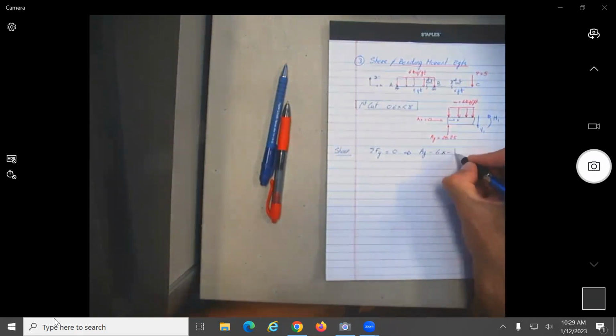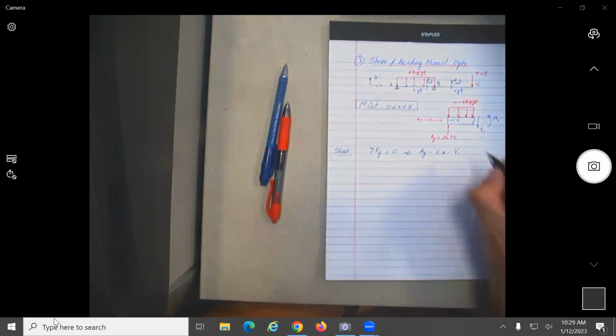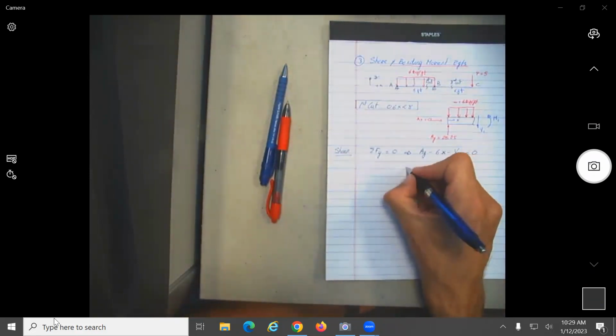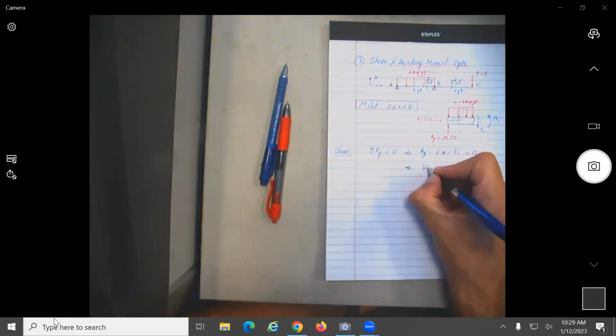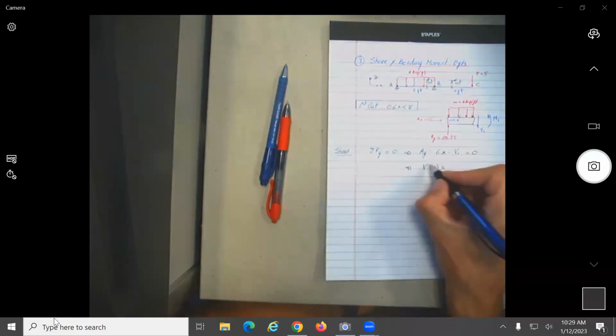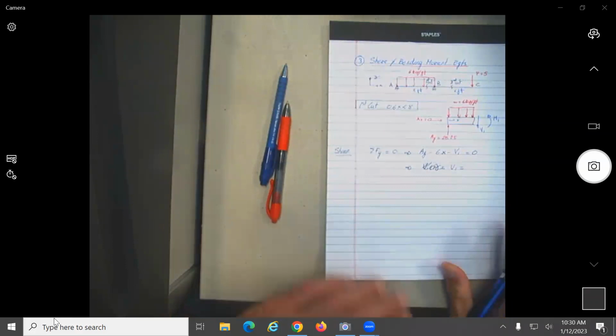What else do we have here? Minus V1 equal to 0. So this will mean what? That V1 in function of X, this is not multiply, okay? Let's remove the X. Let's just say V1, to make it easier, will be equal to what?